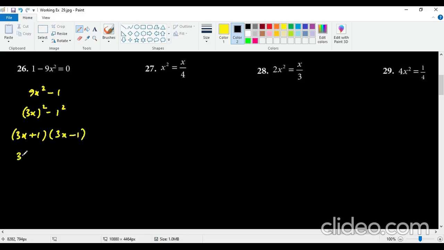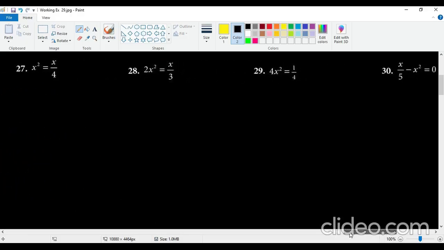So first I'll consider both are 0, because these are quadratic equations. 3x is equal to negative 1, so x will be equal to negative 1 over 3. And on the other hand, 3x minus 1 equals 0. That means 3x is equal to 1, so x will be equal to 1 over 3 positive.